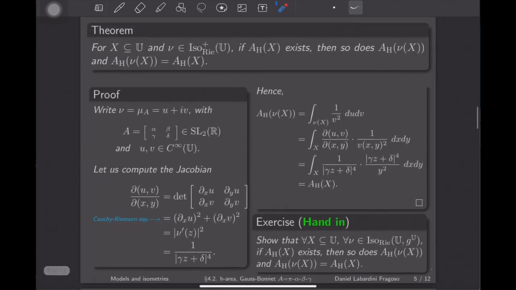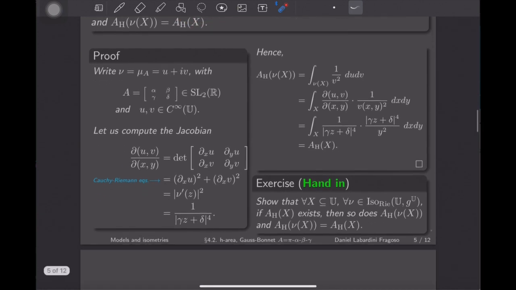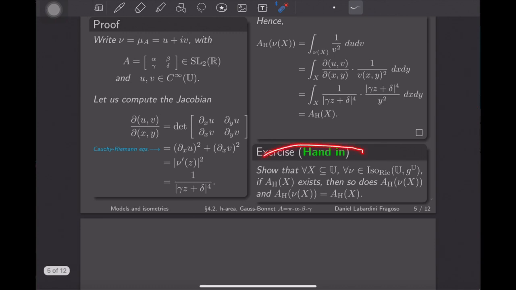Okay, so hyperbolic area is invariant under the Riemannian isometries that preserve the orientation, and you deal with the general case.